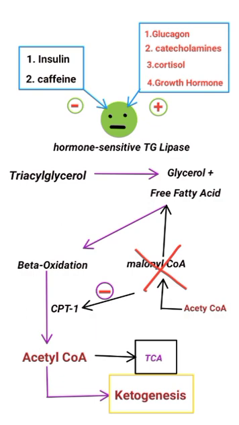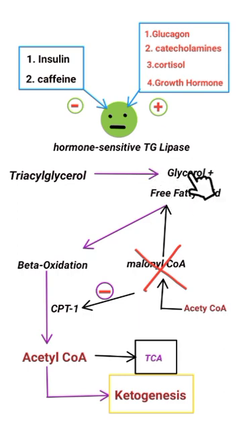In a situation where a person is starving or has diabetes mellitus, there is a lack of insulin. If there's lack of insulin, this enzyme won't be inhibited, and it will start breaking down triglycerol to glycerol and free fatty acids.